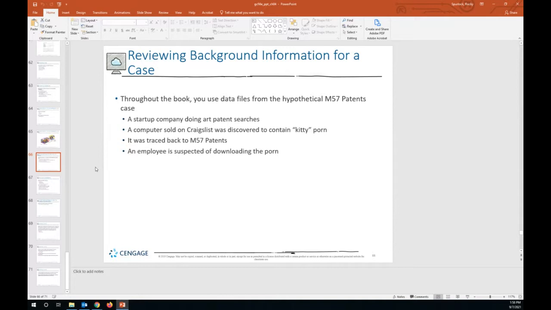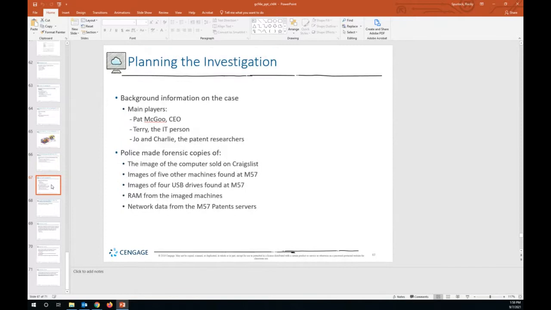It was traced back to M57 Patents, and there is an employee who is suspected of downloading the material. So we look at who the main players are. In this case, you've got Pat McGoo, who's the CEO. Terry's the IT person. And then Joe and Charlie are the patent researchers.